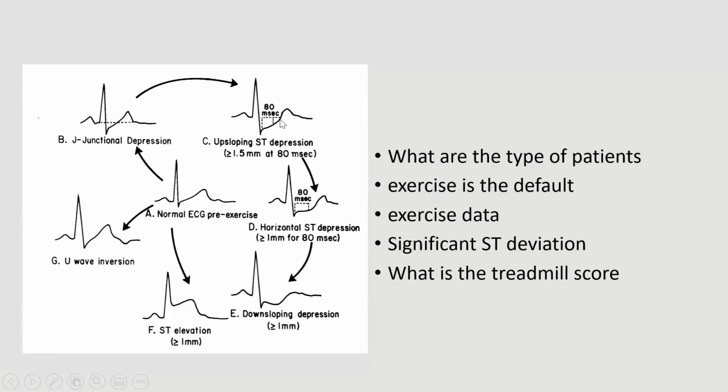So in terms of specificity for ischemia, which one is the most specific of these 3 types? Downslope. The downsloping, exactly. This one, followed by horizontal. Very good. And last and least is the upsloping.